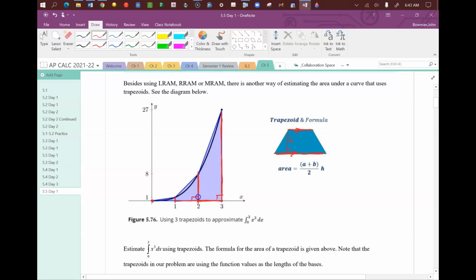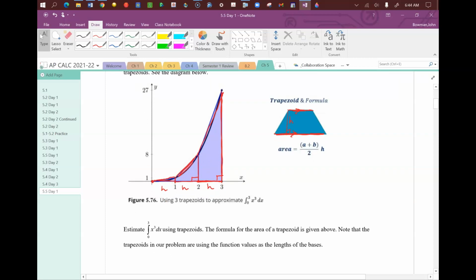So we'll draw those heights in there. And so each one of these intervals is the height. And we're going to connect these segments with one of the non-parallel sides of the trapezoid. And the height would form the other non-parallel side.